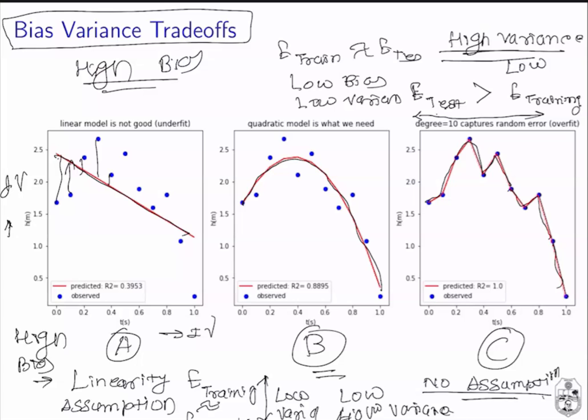We try to make the minimum assumptions, and we get the high bias. When we try to minimize the bias, we get the high variance. So this tension between the bias and the variance is called the bias-variance trade-off.